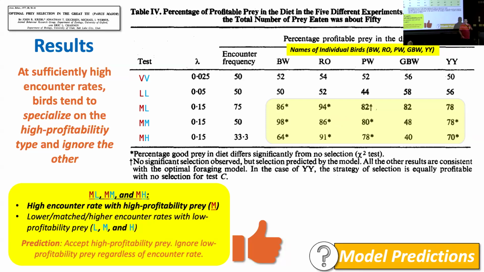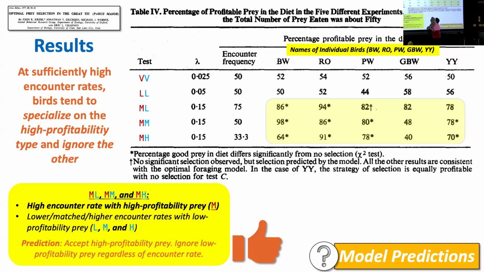Yep. These are the names of the individual birds. Oh, these here. So the red is the encounter rate with the high profitability prey. The blue is the encounter rate with the low profitability prey. So this is very low encounters, moderate encounters, high encounters.